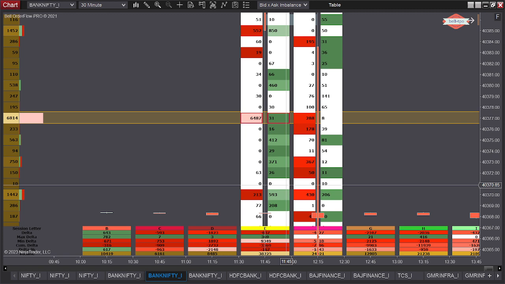You just need to carry. And now, why do I carry? Because if a 200 put went to 400, I could just go and book my position. But why I kept it is because I know somebody very big is selling. And if you see, my cumulative delta started increasing.